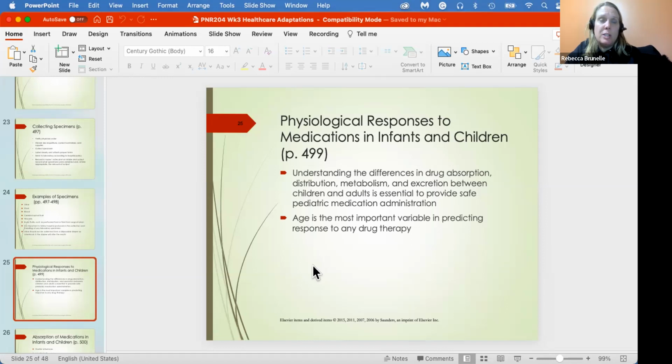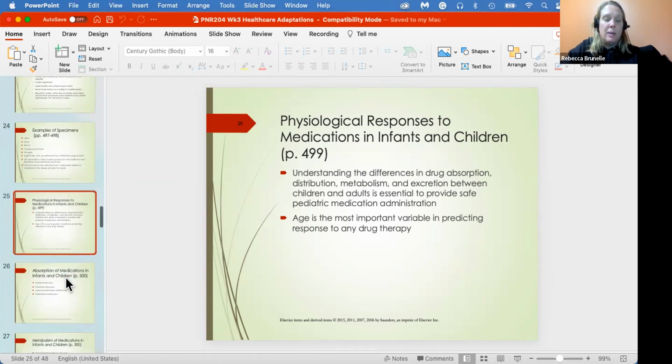So most medications are metabolized by their liver and they're excreted by their kidneys. So kids, generally speaking, don't have mature livers or kidneys. And they also might have a faster transit time through their GI tract, so it can alter their medication absorption. So they are higher risk for toxicity.